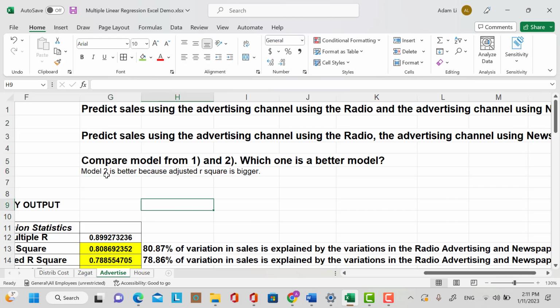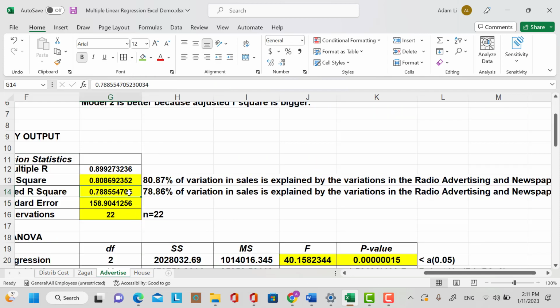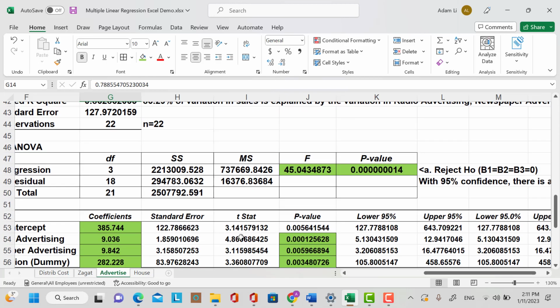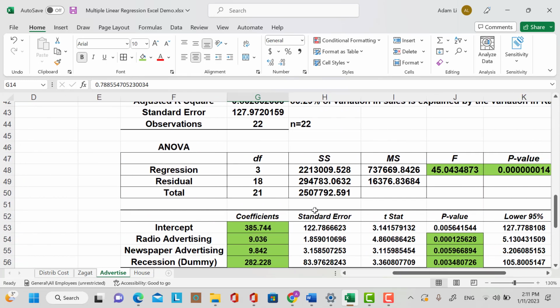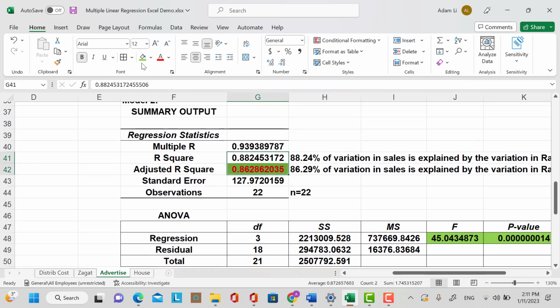So you can easily compare them. Model number 2 is slightly better. So that's pretty much everything we needed to do for this particular problem.